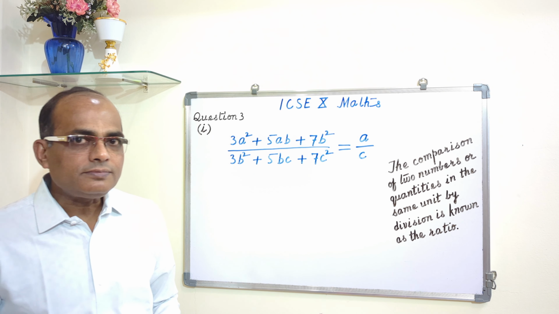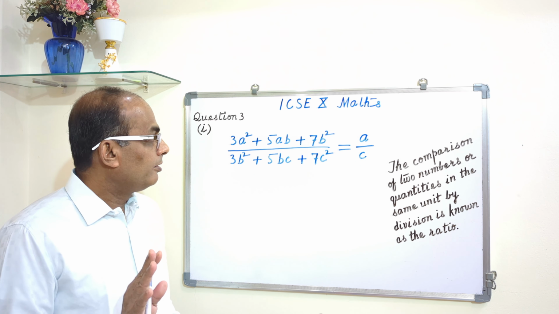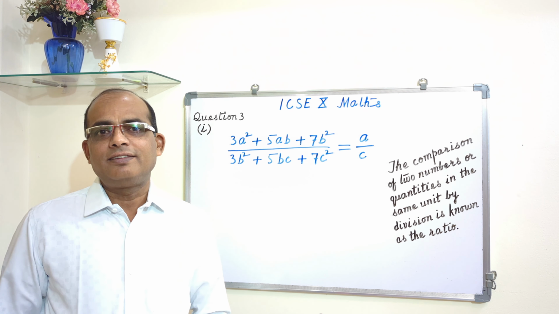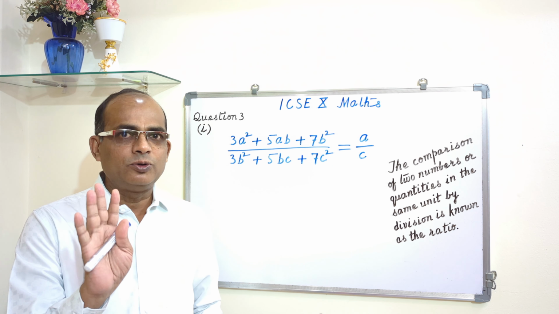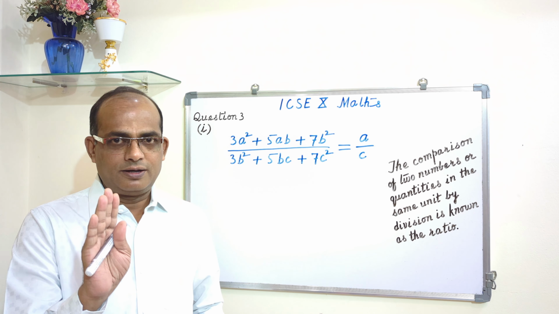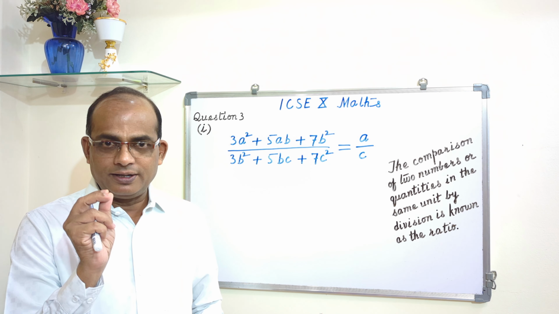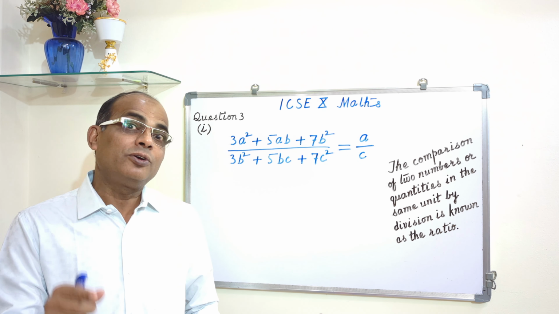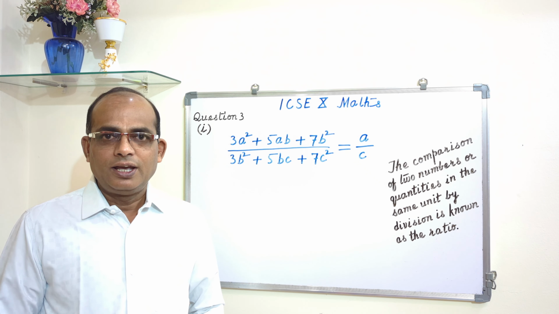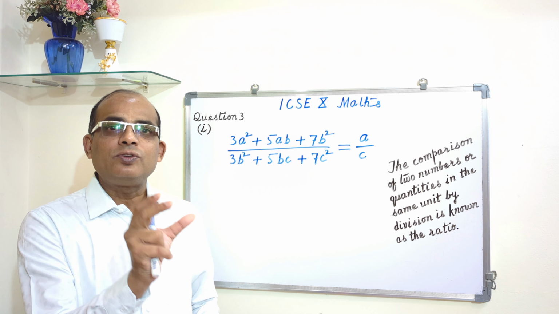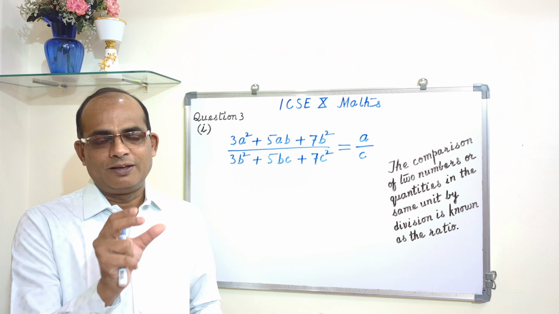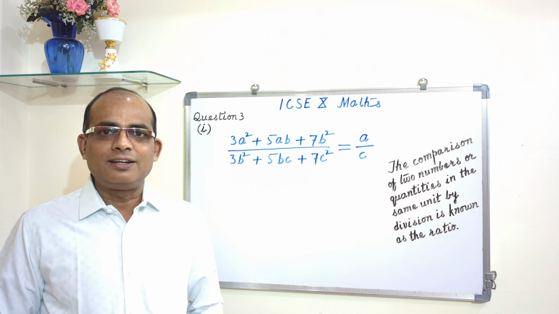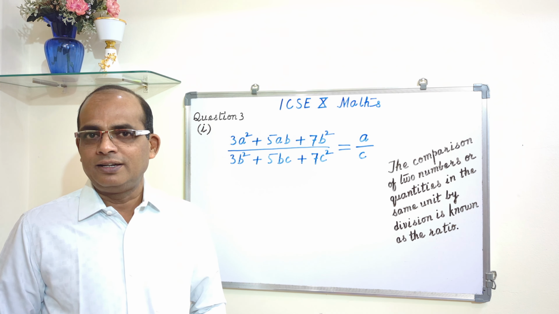Alright. Because the three quantities A, B and C are in continued proportion, first of all let me tell you the definition of a ratio, though it's not there in the question, but because we are talking about proportion. As you know, when two ratios are equal, for example A is to B is equal to C is to D, then we say that the quantities A, B, C and D are in proportion.